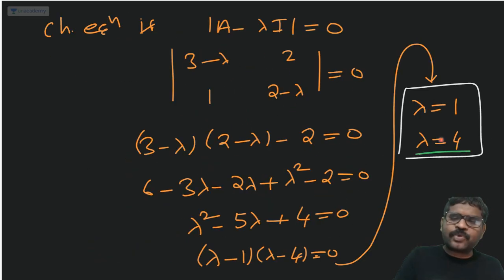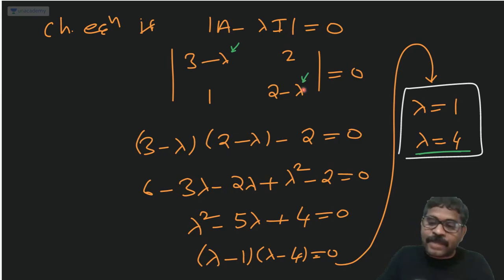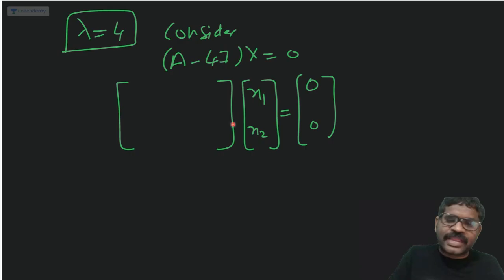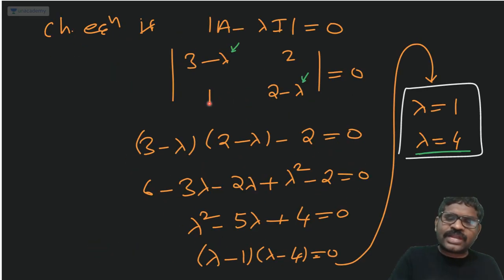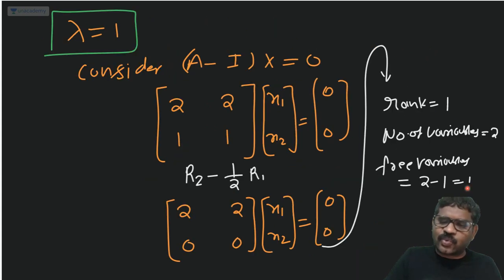Put lambda equal to 4 in A minus lambda I. 3 minus 4 is minus 1, 2, 1, 2 minus 4 is minus 2. So minus 1, 2, 1, minus 2.